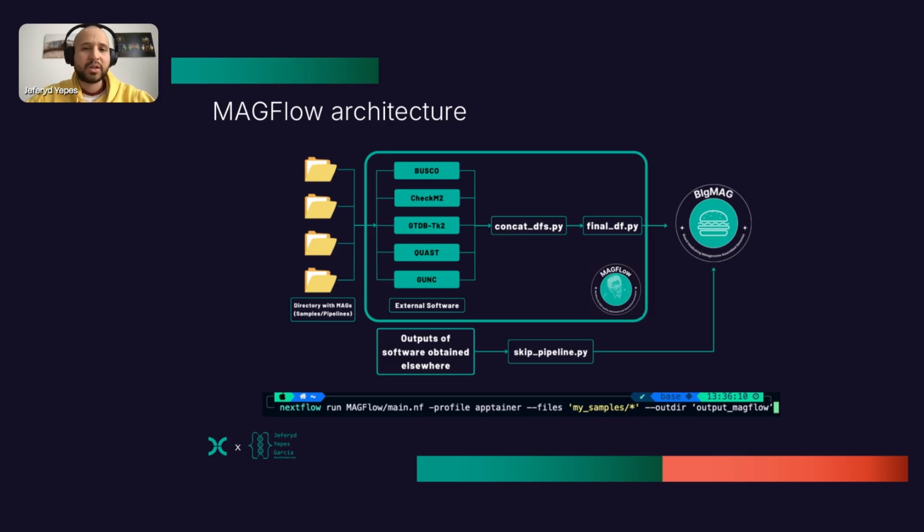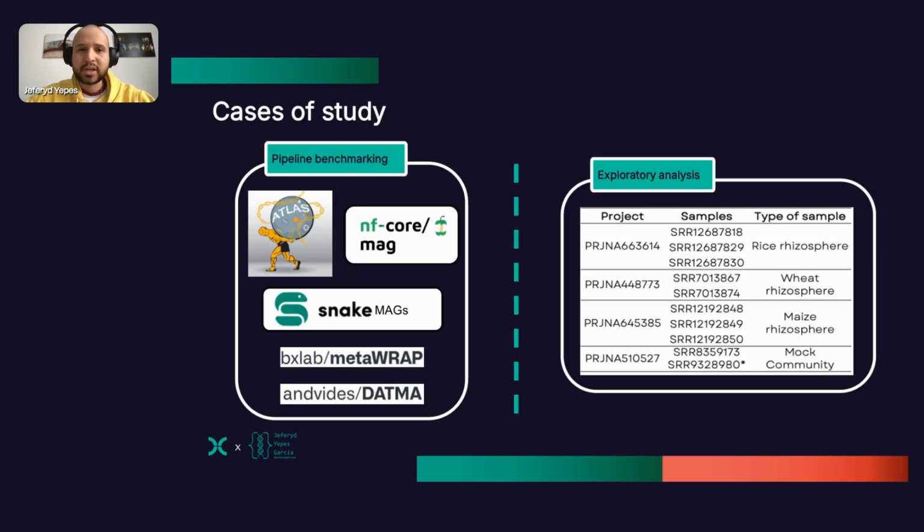And now you might be wondering, okay, so what exactly are the cases of study where we can leverage MAGFlow and BIgMAG? So I can show you here what we have done with this tool. For example, when we were starting our project, there was this universe or landscape of tools, and we wanted to check whether they produce the same results, whether we obtain the same metrics, how they work.